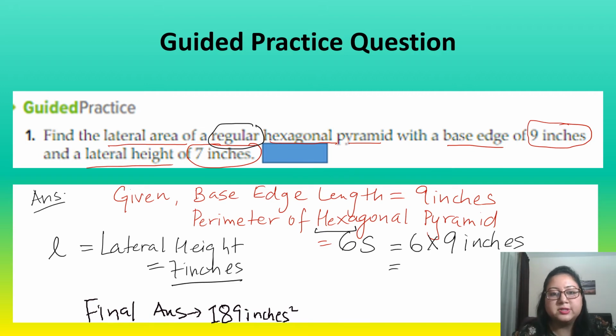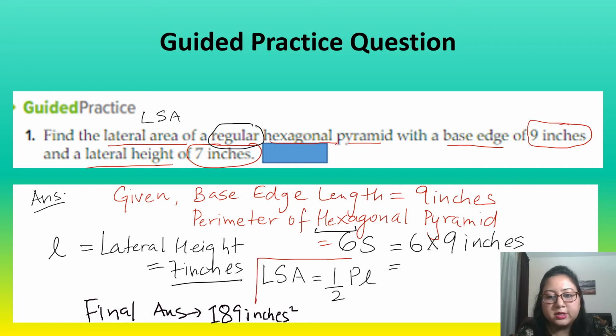So let's now substitute both of them into the formula for lateral surface area, and that would give us our correct answer. Let me write the formula for you. The lateral surface area is 1 by 2 times P times L. I'll put it in a box so that you remember it. I will be giving you a few seconds. All the values are here with you.